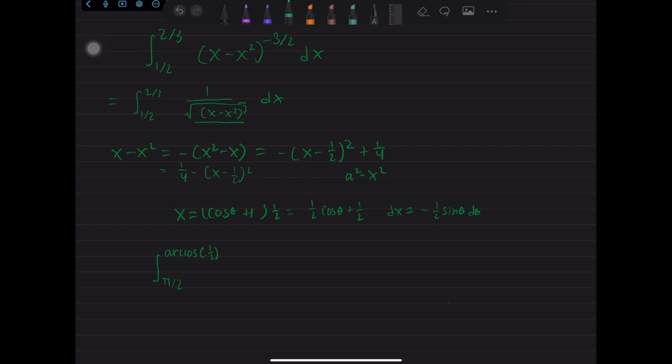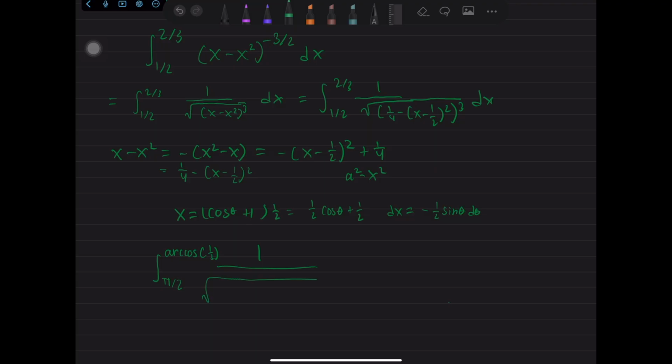Well, actually, let's first rewrite this here with our actual expression. So we'll have 1 over 4 minus x minus 1 over 2 squared, all of this cubed, dx. So here, let's plug in. Let's just write this all out.